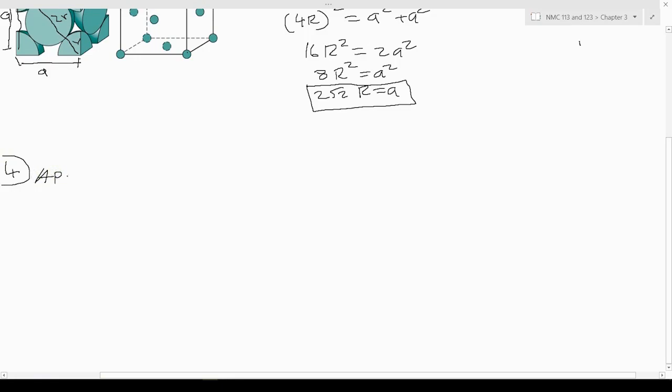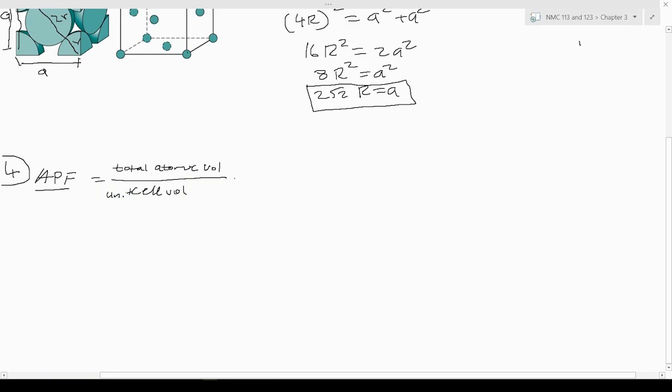Atomic packing factor, and we said that is the total atomic volume within the unit cell over the cell volume, which is the unit cell volume.